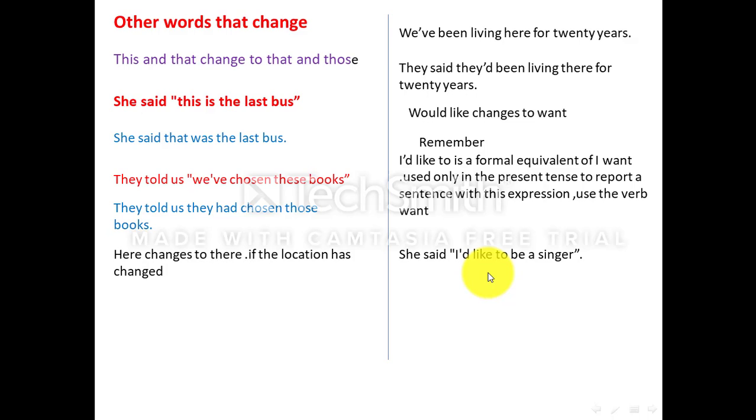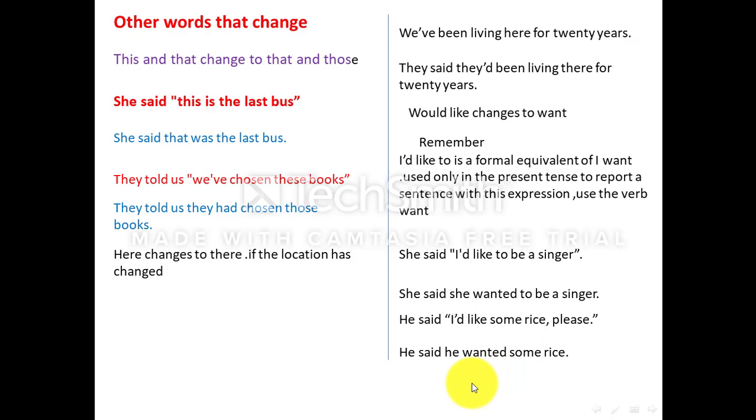If we want to change it into indirect speech, it will become: she said she wanted to be a singer. For example, he said, "I'd like some rice, please." It will change to: he said he wanted some rice. Why? Because we can change I'd like to want.